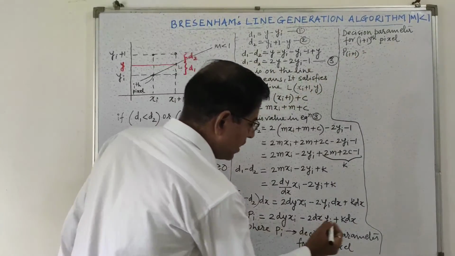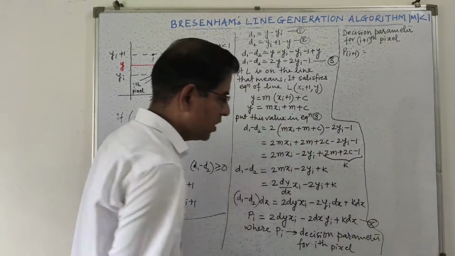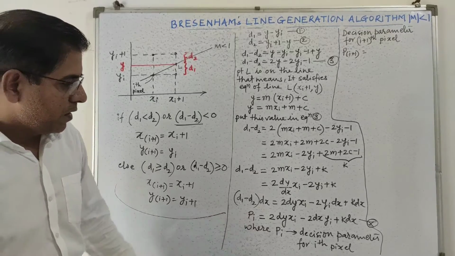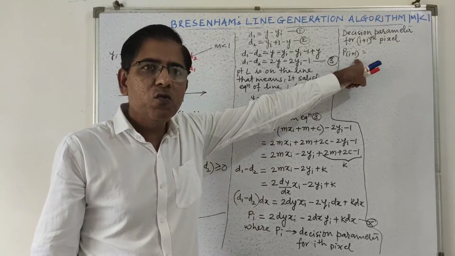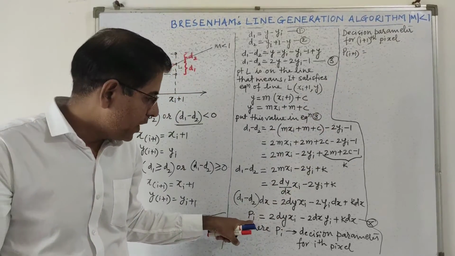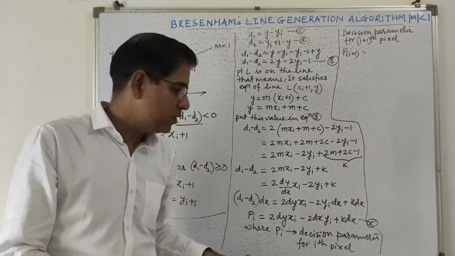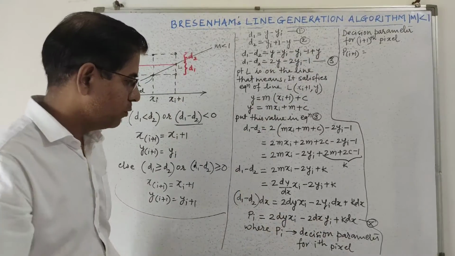Okay, so this is equation number 4. And the decision parameter for pi plus 1 is obtained by replacing all the i's by I plus 1. If you replace all the i's by I plus 1, then it becomes decision parameter for I plus 1 point.